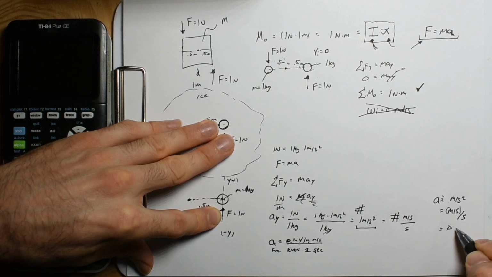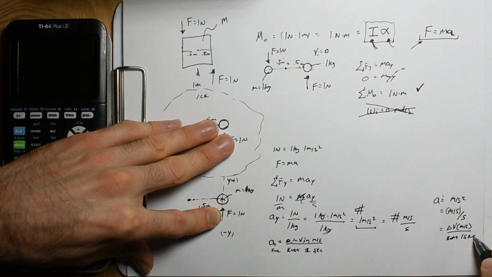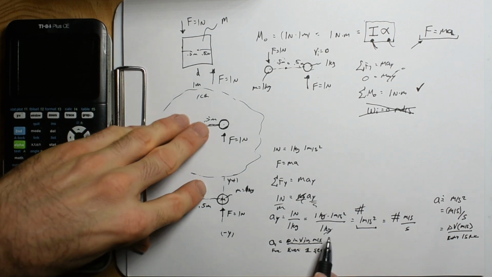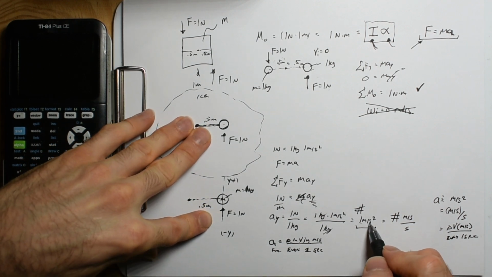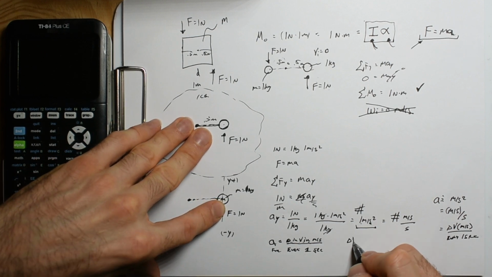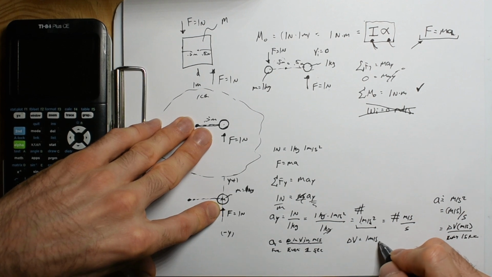So now you can see it's a change in velocity of meters per second for every 1 second. Heck yeah. So now in our case, we're going to have an acceleration of 1 meter per second. This means that we're going to have a change in velocity of 1 meter per second for every 1 second.